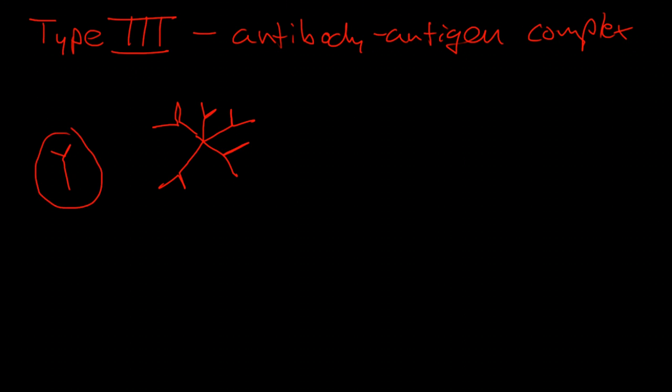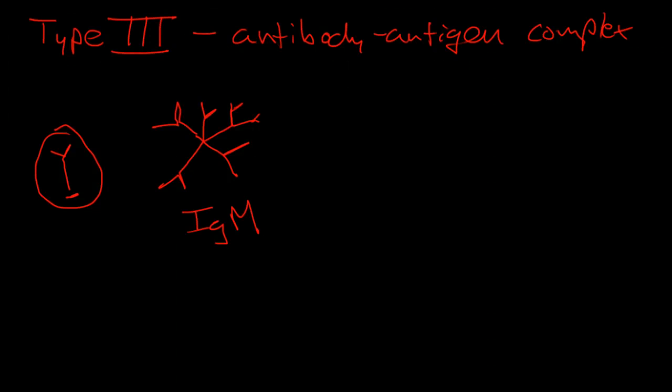IgG is a very simple immunoglobulin. It's made up of only one component. IgM has 5 components, and this type of immunoglobulin is very efficient at causing agglutination.